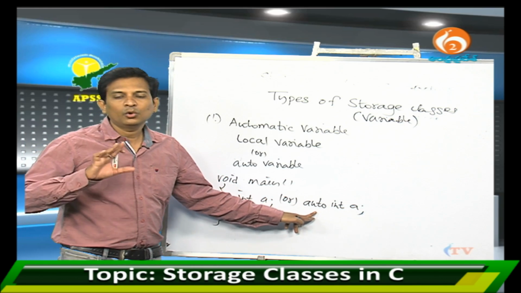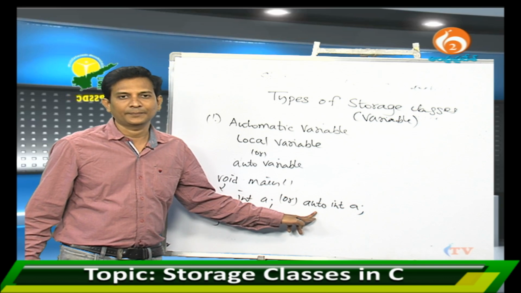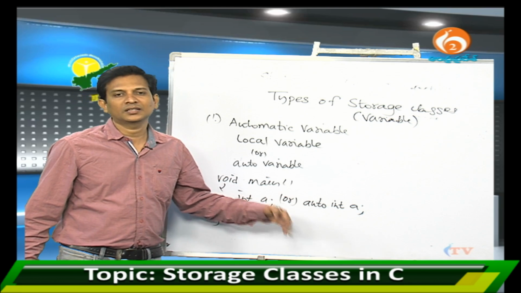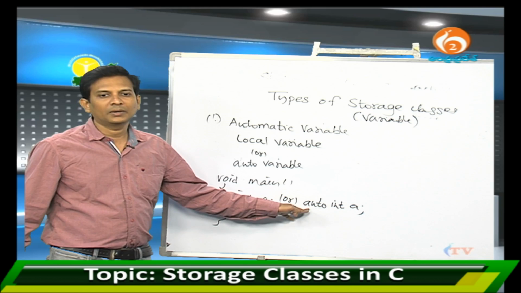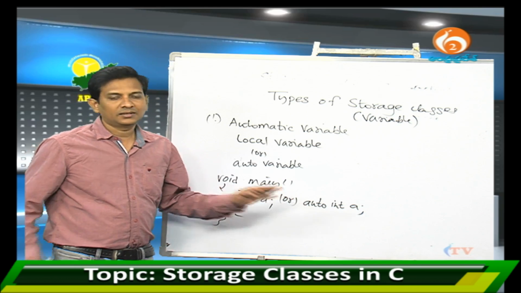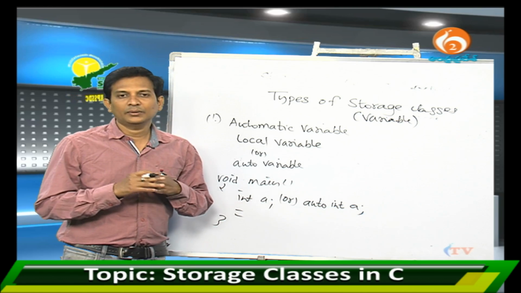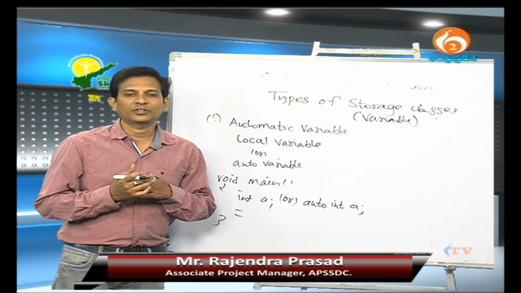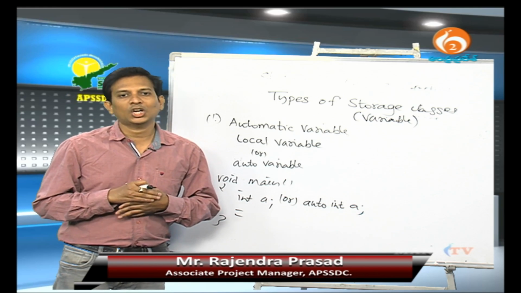Generally we do not use auto int a, we simply write int a, and it will automatically be declared at compile time. The compiler checks whether it is declared inside the function or not.